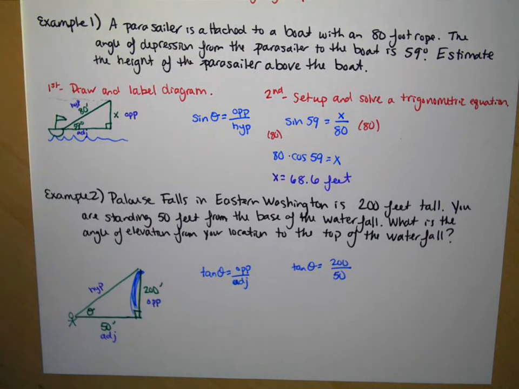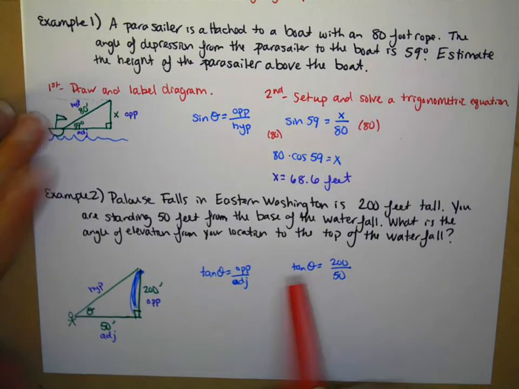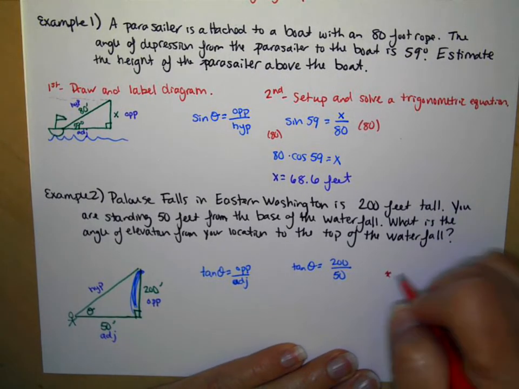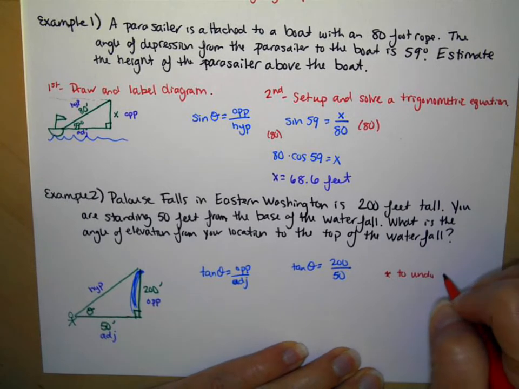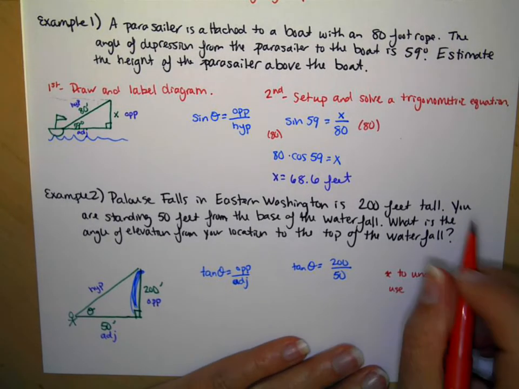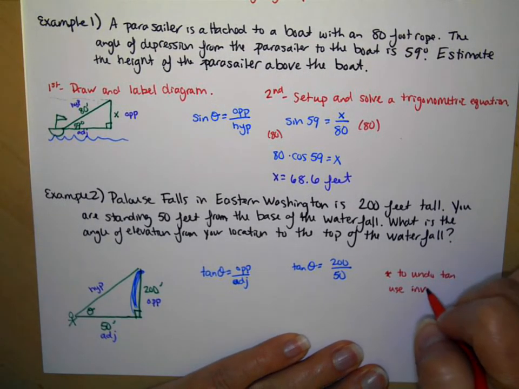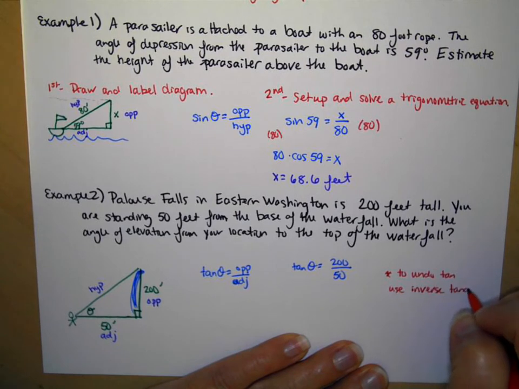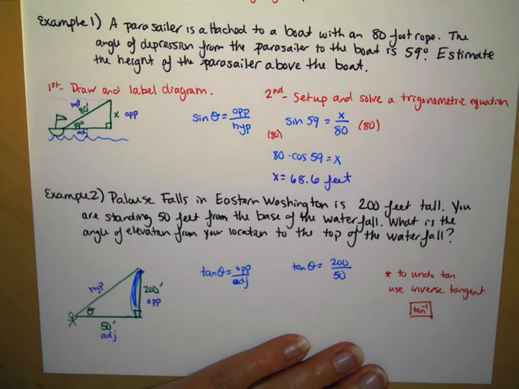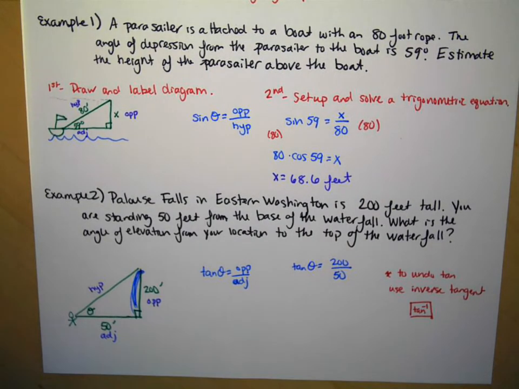And now our goal is to find the angle, to find theta. So we have to undo tangent. And to undo a tangent, we're going to use inverse tangent. Which on a calculator would show up as the inverse tangent button, or oftentimes you'll have to press second and then go up to that, but it's tangent with a little -1 on top of it.